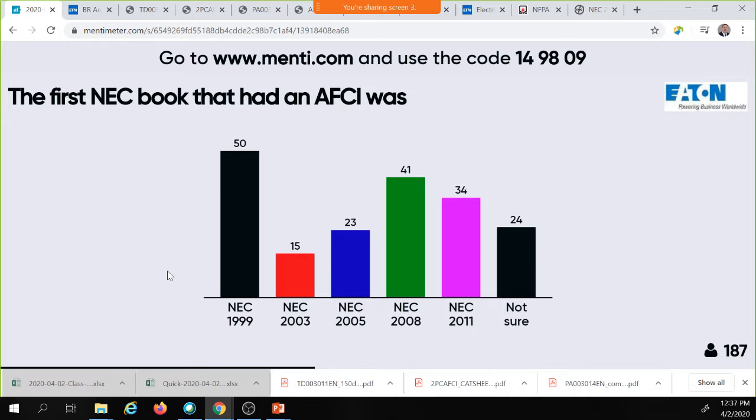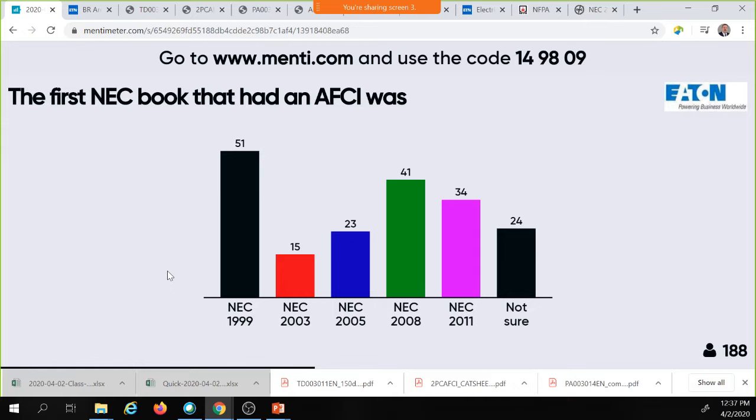It's been around since 99, and if you looked back at the 99 code, what you would learn is that the requirement was around the receptacle, and it was the receptacles in a bedroom, just the receptacle outlets in a bedroom. And then it was the 2002 code that said, no, they want all of just the branch circuit going to bedroom outlets needed to have GFCI or AFCI protection.